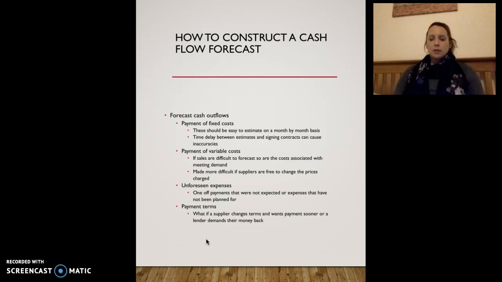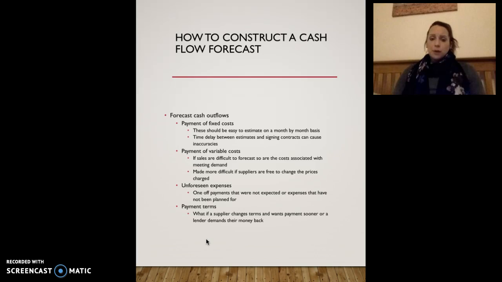Just be aware, though, that there is a time delay between estimates and signing contracts, and sometimes that can cause inaccuracies. So whereas you are trying to record an outflow as perhaps being £500 in May, it may actually impact your cash flow in June based on the dates of your contracts. So just be aware and make sure that you do tighten up the finer details.